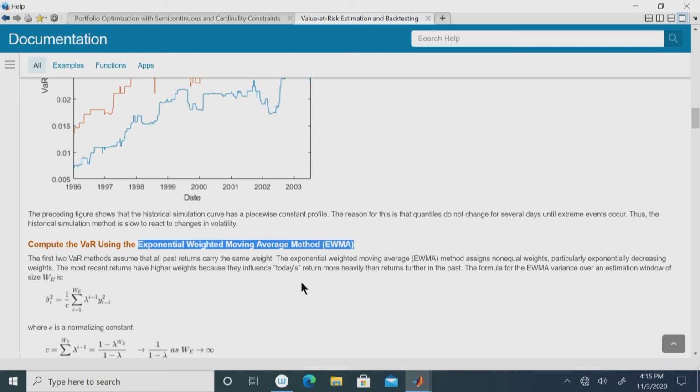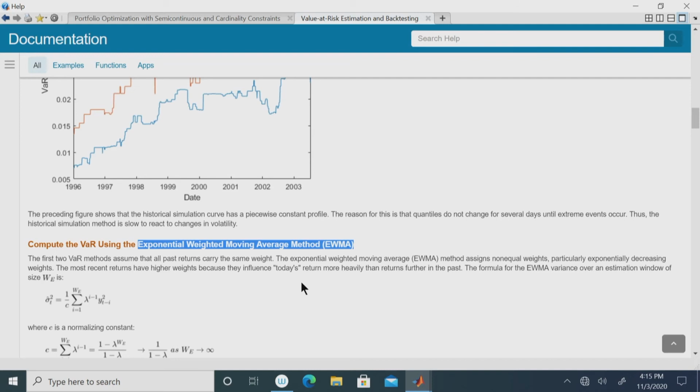However, the exponentially weighted moving average intuitively offers a more improved and realistic approach to this. The reason why I say that this is more realistic is because the exponentially weighted moving average method assigns non-equal weights. And how do we assign these non-equal weights?